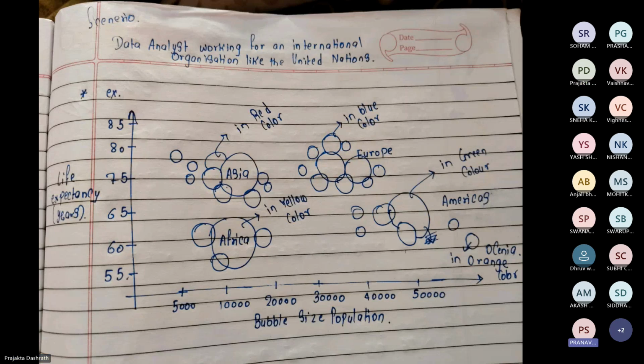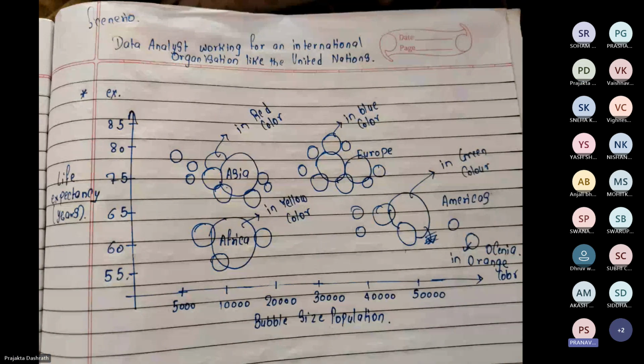Start. Ma'am, imagine this is a data analyst working for an international organization like the United Nations. This image shows a bubble chart that shows the GDP per capita, life expectancy, and population across different continents. On the horizontal axis, the x-axis, GDP per capita in dollars is displayed, which indicates the economy of a country.